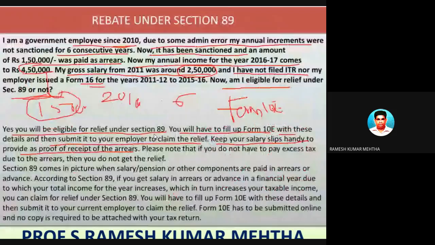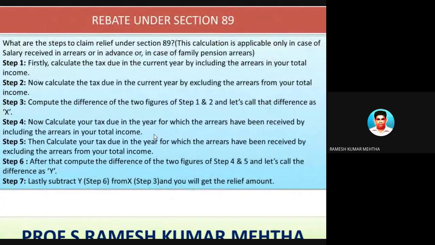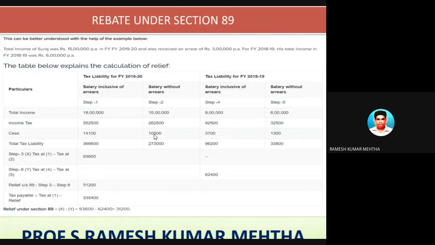Now, these are the steps to be followed. It will not be appropriate to just read out the information from this slide. I will take a small numerical problem, and then we will calculate how much rebate he can get under section 89. So the problem is in front of you, and this problem I have downloaded from a particular website.